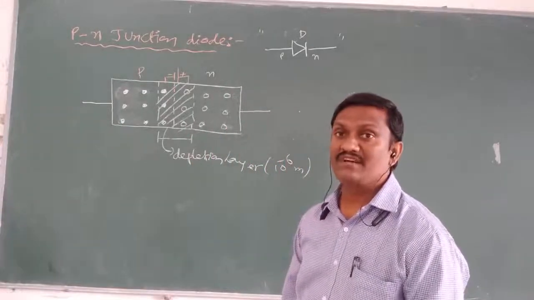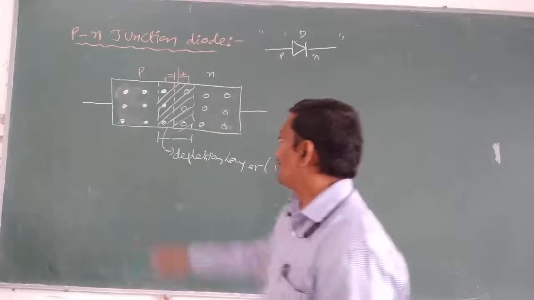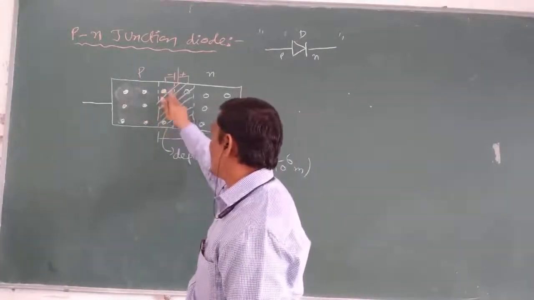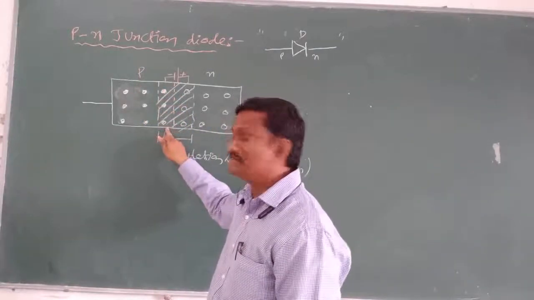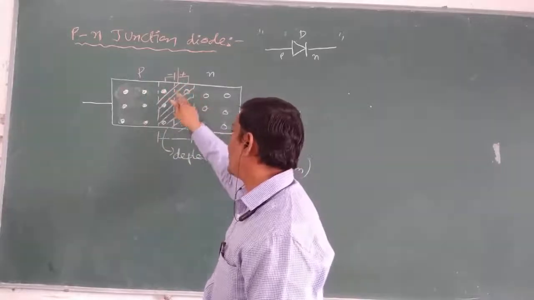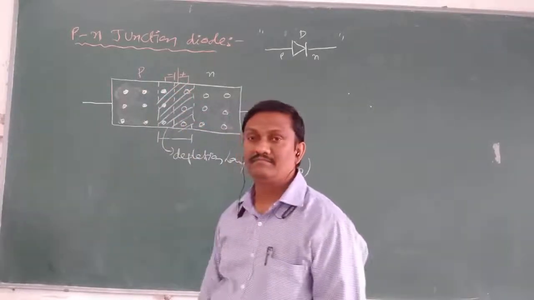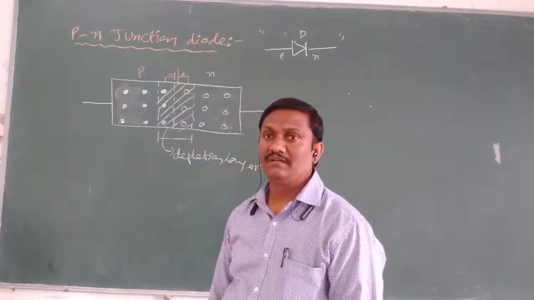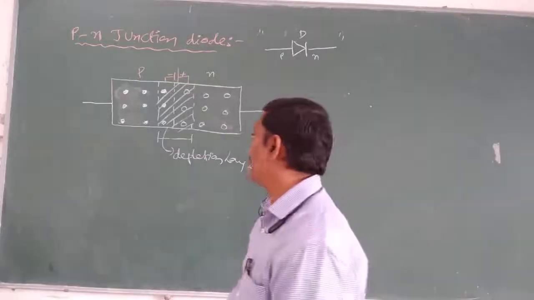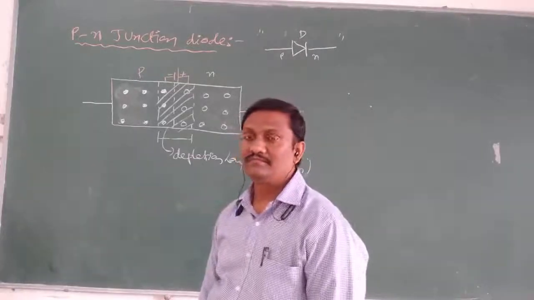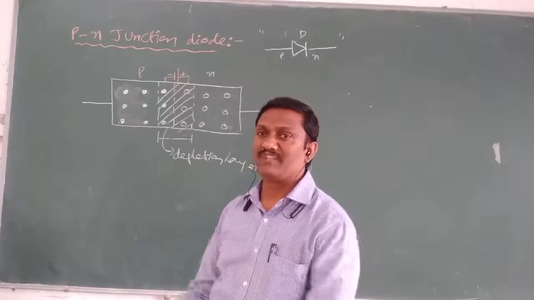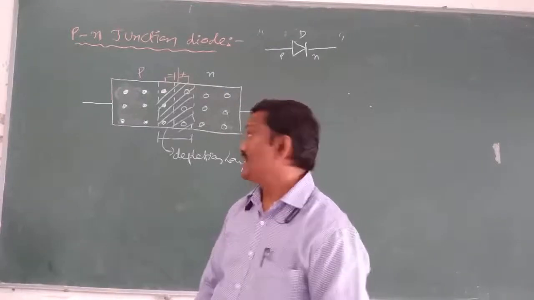And what is the nature of this potential? In the P region, negative potential is developed because of electrons. In the N region, positive potential is developed because of these holes. So across or inside the depletion layer, some potential is developed. This potential also stops the further movement of charge carriers.